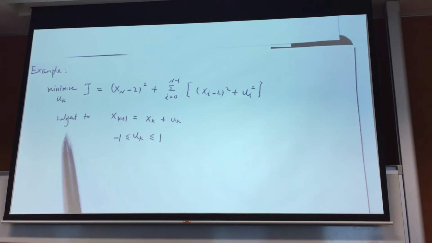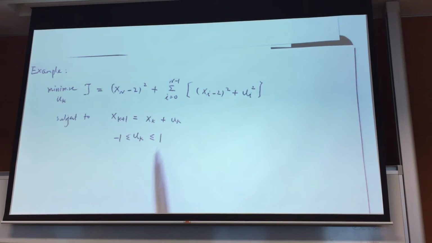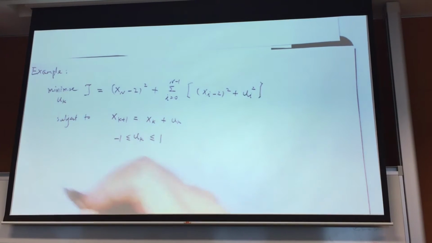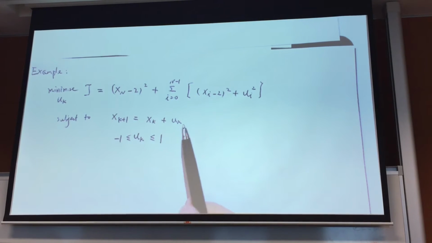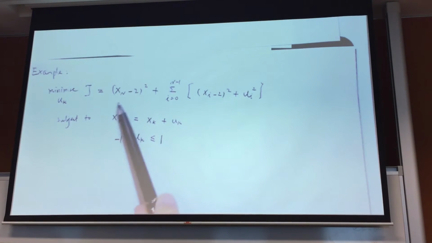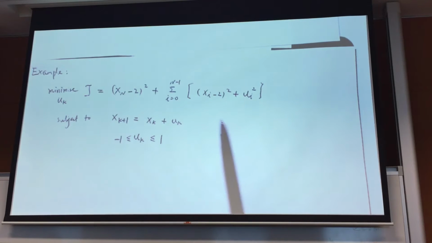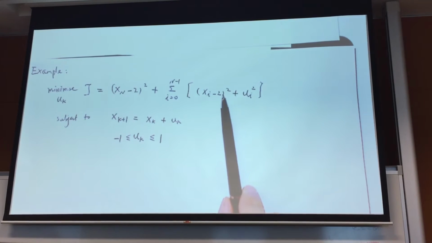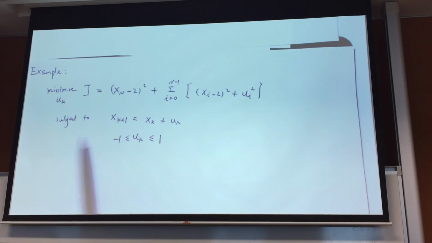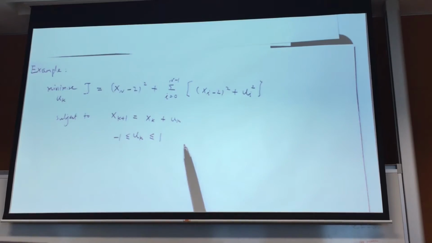Before we tackle this problem, you'll notice that here we don't have the initial condition. So it's something different from the previous problem. Actually, dynamic programming is more general, so it can deal with problems with any initial condition.